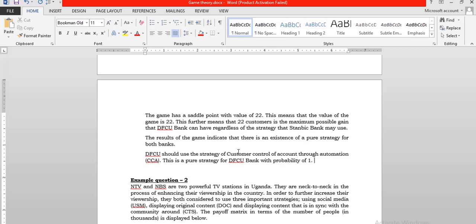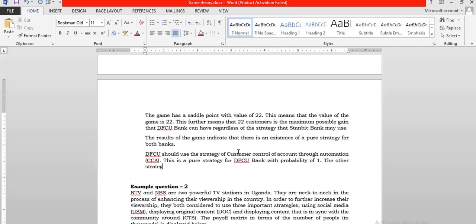The other strategies have probabilities of 0, because they shall not be considered.